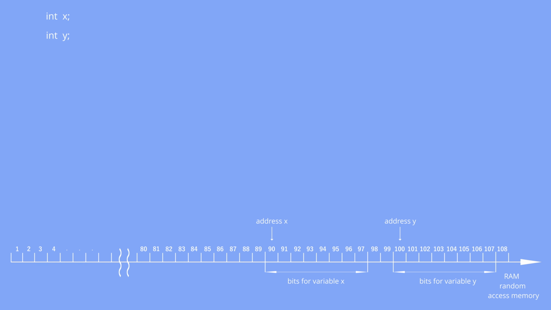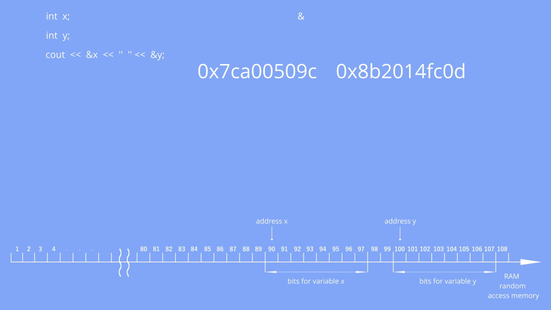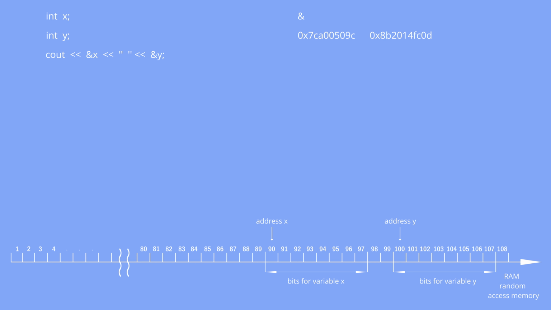We can find out the address of a variable with an ampersand symbol before the name of a variable. This symbol looks like AND. This code prints addresses of variables x and y. The result can look like this. 0x means hexadecimal number system.